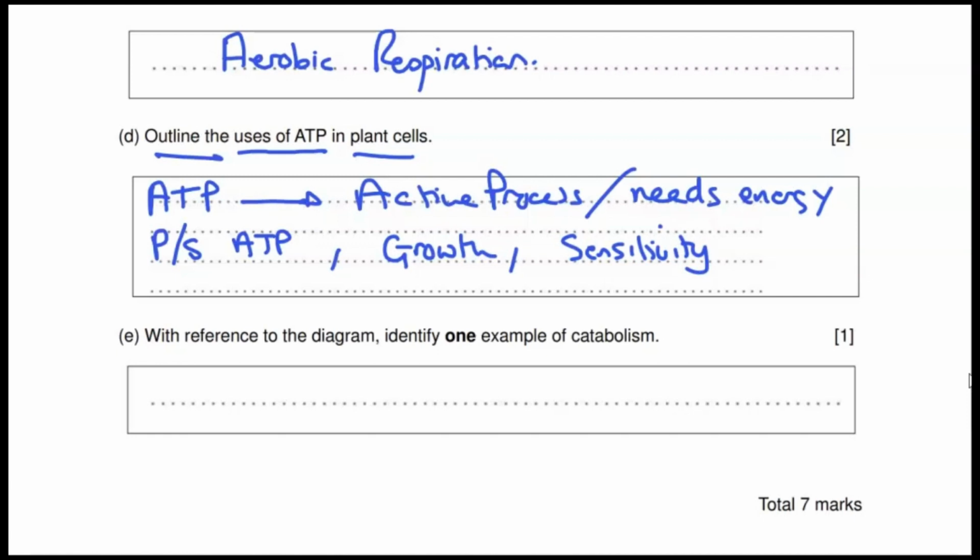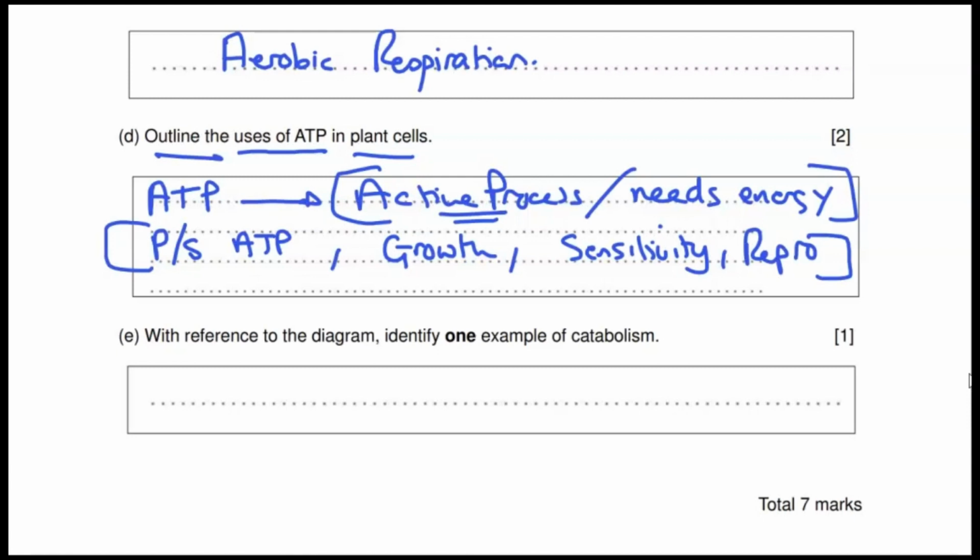All of these processes, reproduction requires ATP. These are all active processes requiring energy. So two parts there. One to say this particular section here, needing energy, active processes, and then to give an example of how that might be.